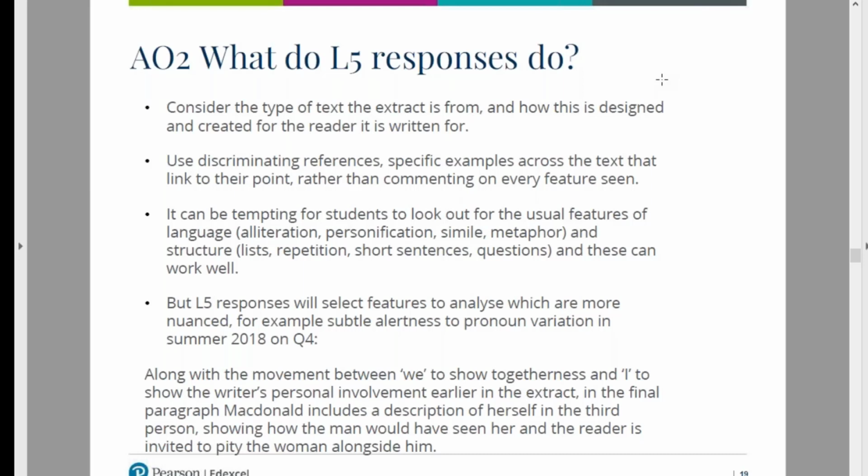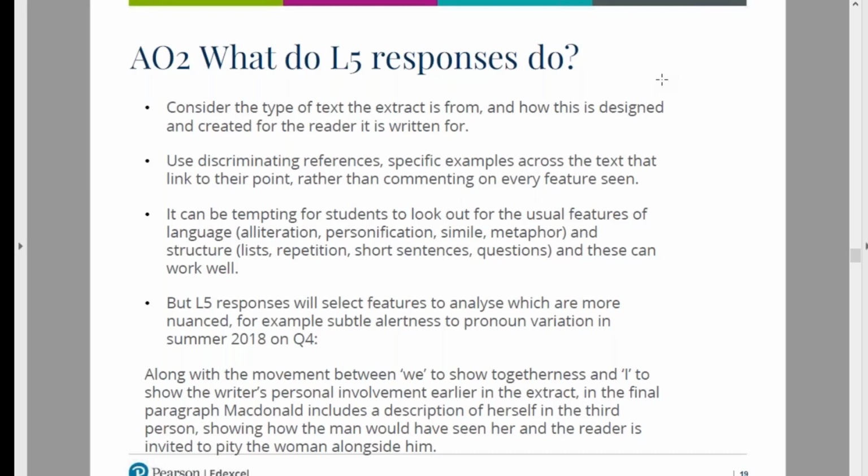It can be tempting for students to pick out the more familiar or more obvious techniques like alliteration, simile, metaphor, etc. And these work well, but they also need to try to be aware of more subtle features. So not necessarily more complex, but something like, for example, the way that pronoun variation might impact on the reader. I've put a short example point here at the bottom of the slide.